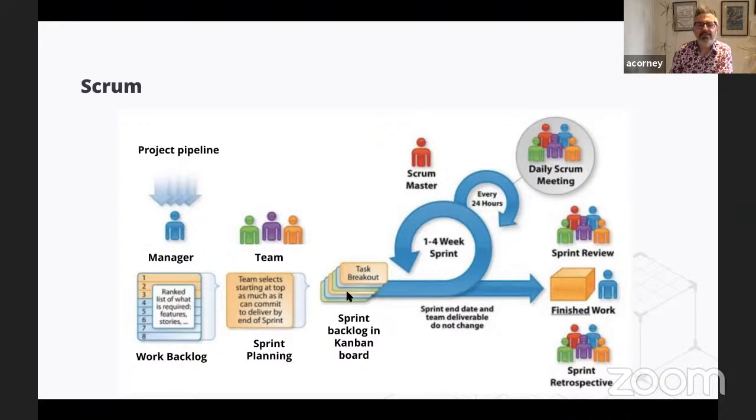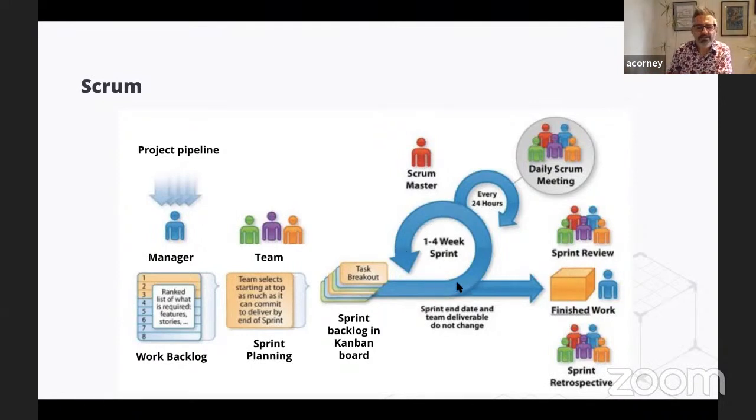And then what happens is those tasks go into the Kanban board, so they become the to-do list. And if it's a 2-week sprint or however long the sprint is, the team as a whole works on getting through all of those tasks. And every day they have a stand-up where they discuss how they're going. And there might be someone in the team who's the scrum master, who's managing the process of organizing who's taking on what tasks, if there's any doubt about that.